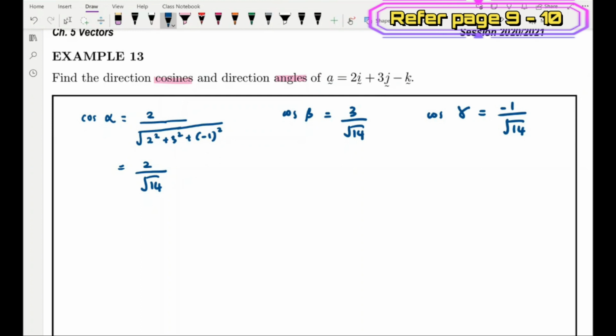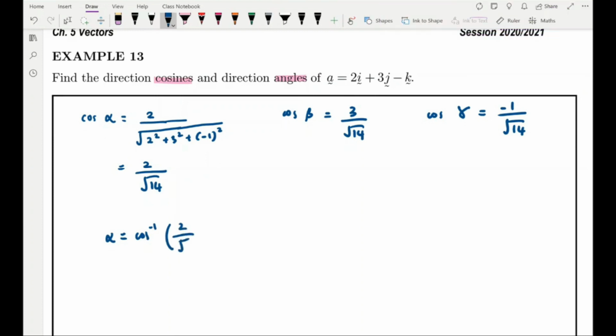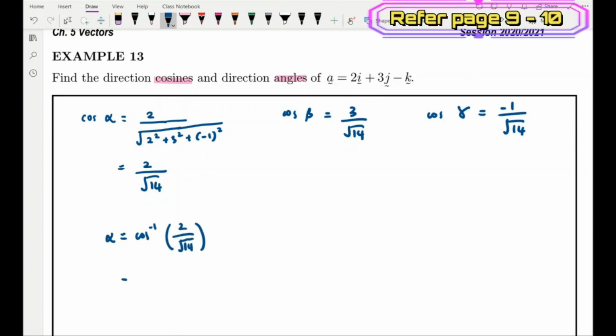What about the direction angle? So the direction angle alpha is inverse cos 2 over root 14. So we can get 57.69 degrees. How about beta? So beta, we can get inverse cos 3 over root 14. So we can get the answer is 36.7 degrees.